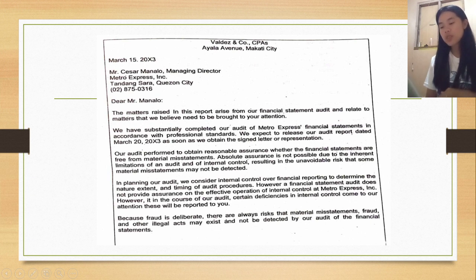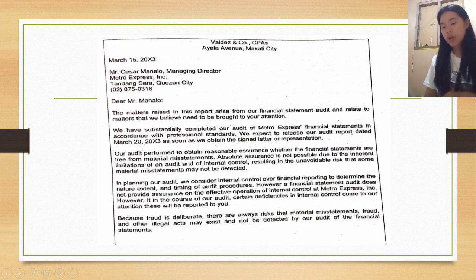We have substantially completed our audit of Metro Express financial statements in accordance with professional standards. We expect to release our audit report dated March 20, 2023 as soon as we obtain the signed letter of representation. Our audit was performed to obtain reasonable assurance whether the financial statements are free from material misstatements.